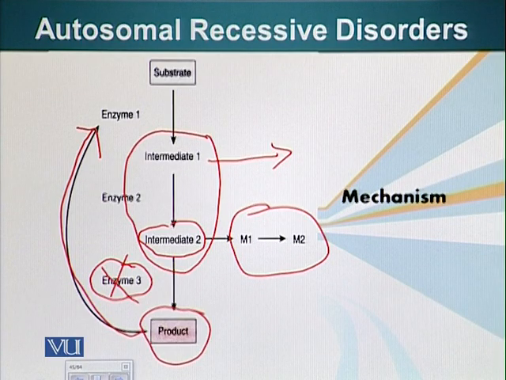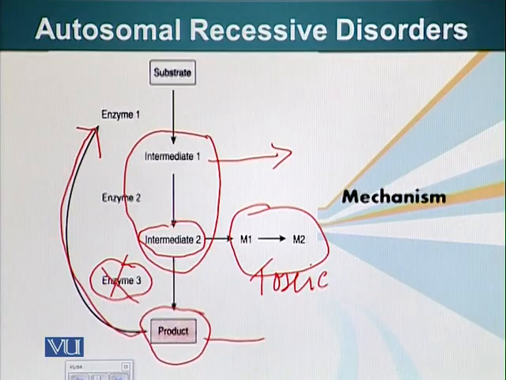These toxic byproducts can also result in cell injury and disease. So, two mechanisms: one, absence of the product which is required by the cell, and number two, production of toxic material from the intermediates. When they're converted into toxic material, they can cause injury too.